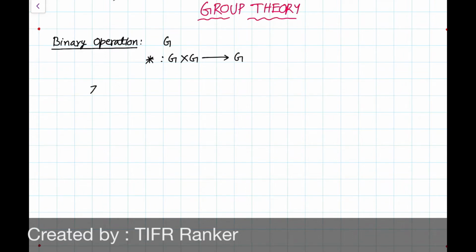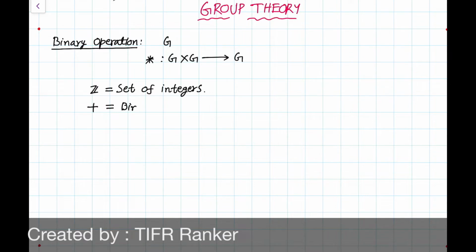Suppose we have the set of integers and addition is an operation.